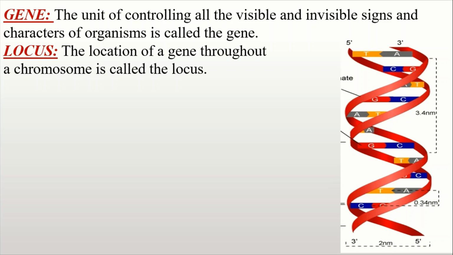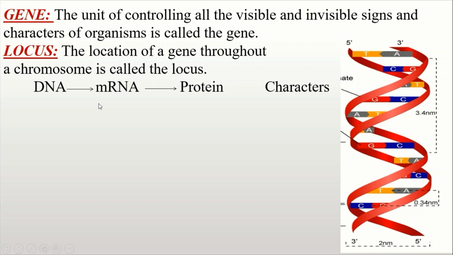By taking necessary signals from DNA, RNA enters into the ribosome of the cytoplasm, and according to this signal, protein is synthesized. Here, the production of mRNA from DNA is called transcription, and the production of protein from the mRNA is called translation.